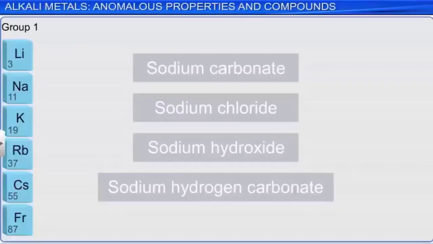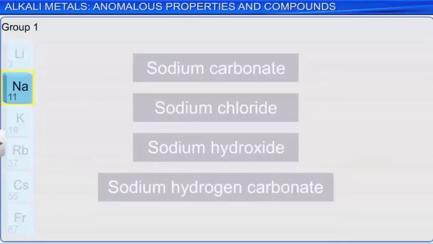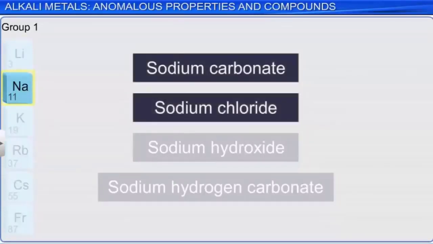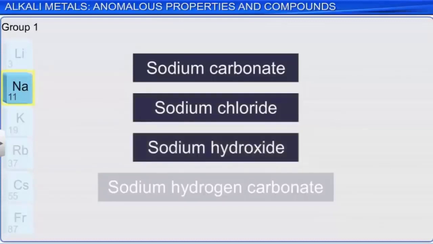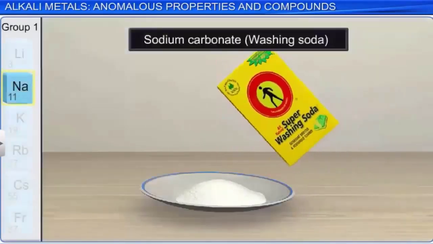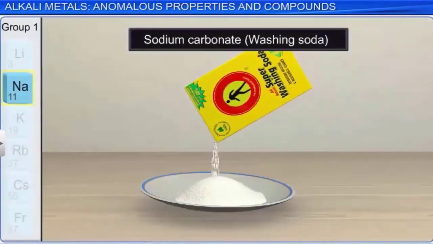Let's now talk about some important compounds of sodium: sodium carbonate, sodium chloride, sodium hydroxide, and sodium hydrogen carbonate. Sodium carbonate, commonly known as washing soda, is a white, crystalline solid as shown in the photographs.